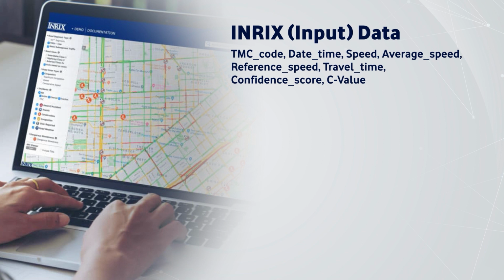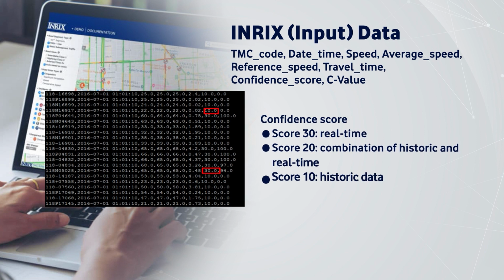Then you have a date and time, you have a speed, you have an average speed, you have a reference speed for that particular route, then you have a travel time, then you have a confidence score, then you have a C value. And if you look at the confidence score, other than the TMC code, date, time, speed, average speed, and reference speed, the confidence score gives you three different types of data.